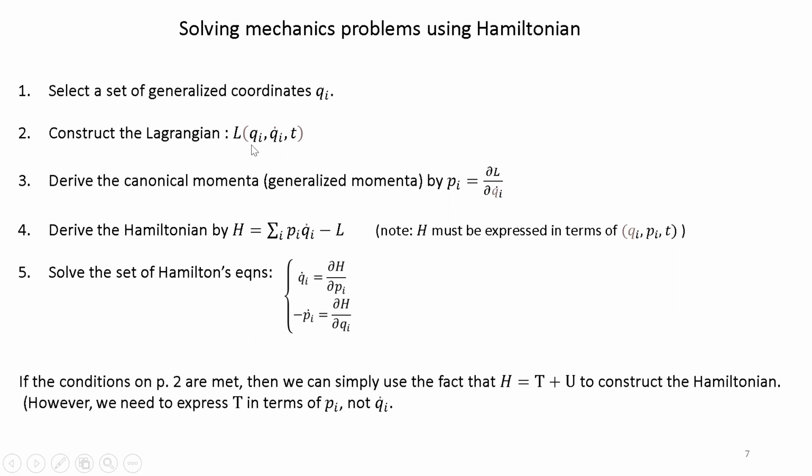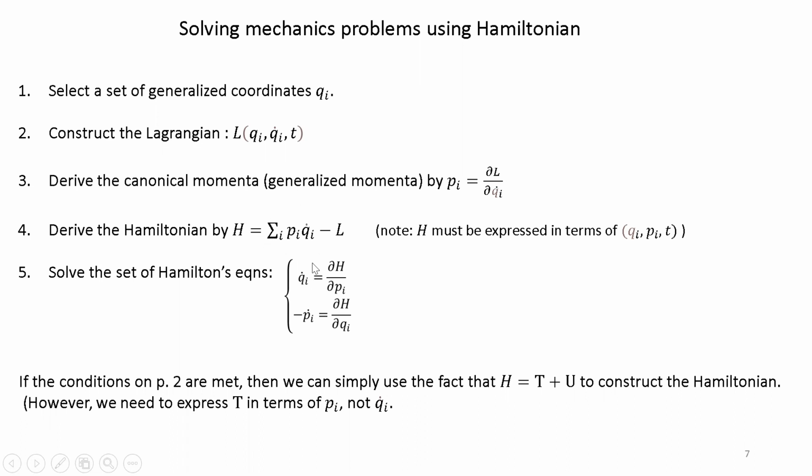Of course, sometimes we can skip steps, because physically we now understand the Hamiltonian. In most of our cases, it will be just the total energy. So with that in mind, you might not necessarily do the Lagrangian first and then use this formula.